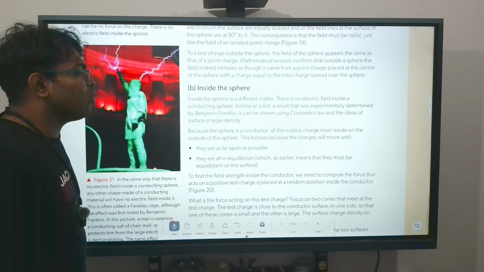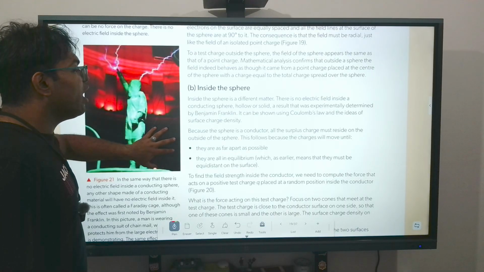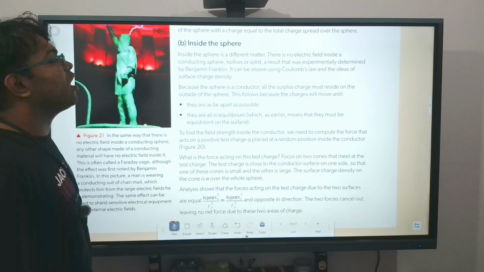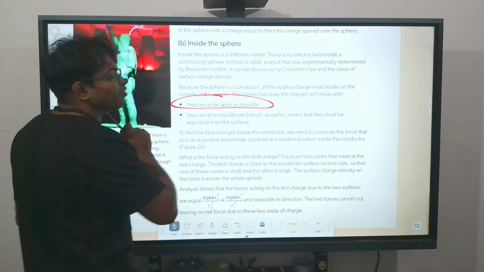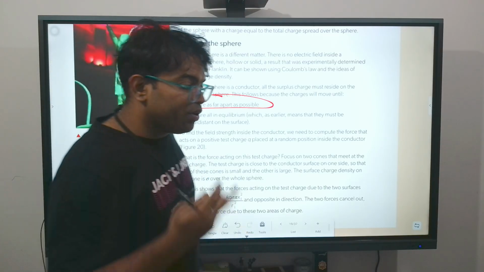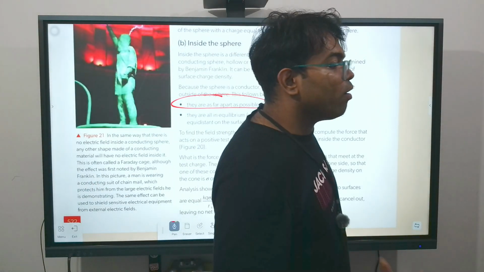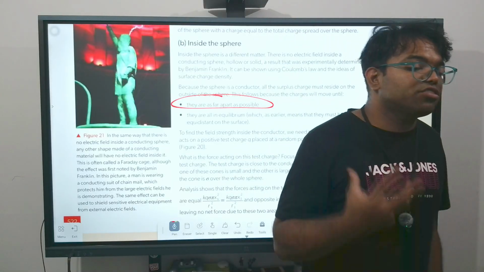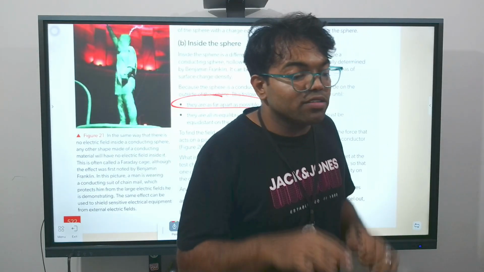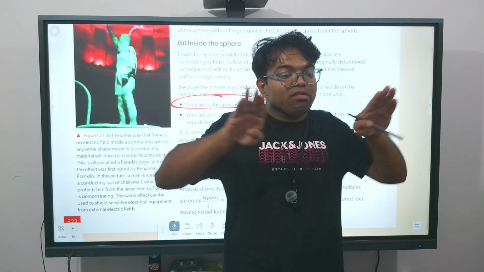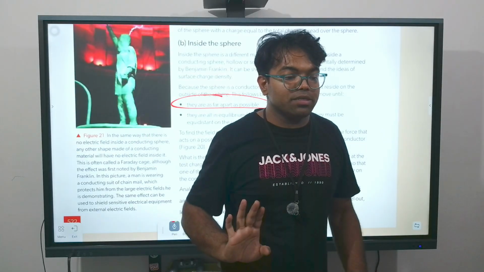This follows because the charges will not move until they are as far away as possible. All the free charge present on that hollow sphere must reside on the surface, not inside, because they want to be as far away from each other as possible.